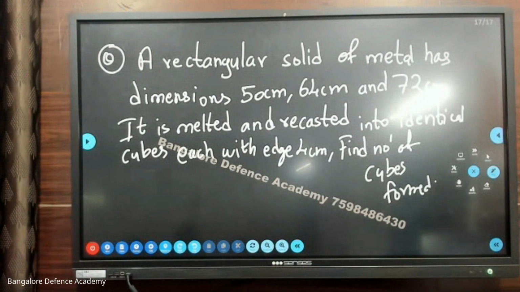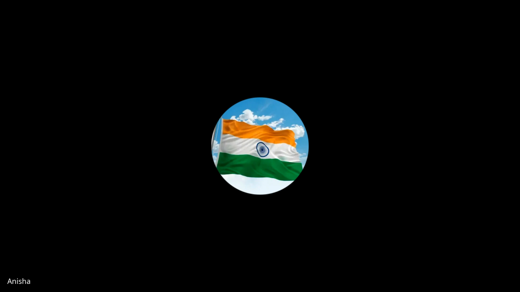Sir, volume of the figure and the volume of the cube, divide. Okay, good. Try it. Then Aviral's answer should come. Hurry up. Sir, 3,600. Yeah, it's correct.